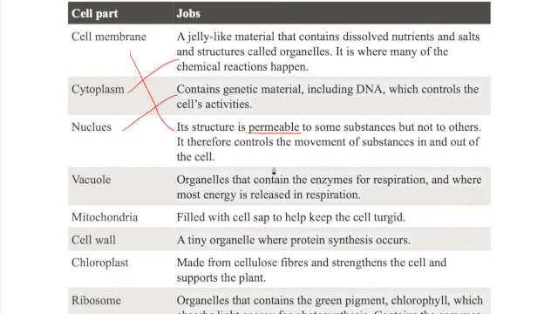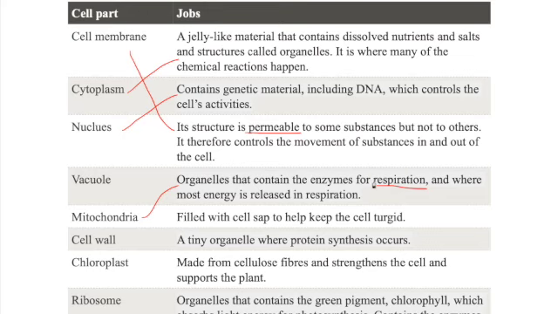Next one. It says here, organelles that contain the enzyme for respiration. As soon as you see these words, respiration, and where most of the energy is released in respiration, you know that is mitochondria. Mitochondria is where respiration is taking place.